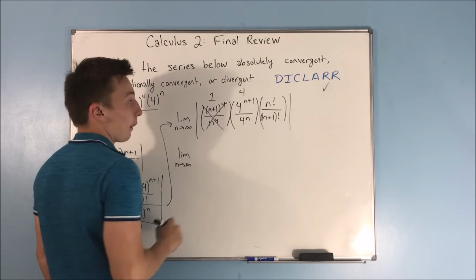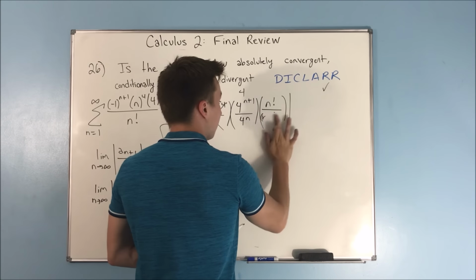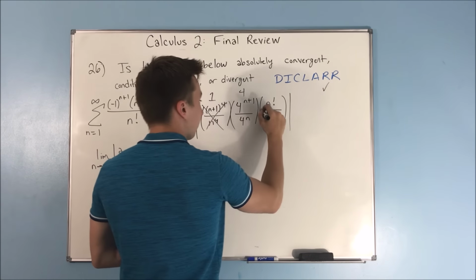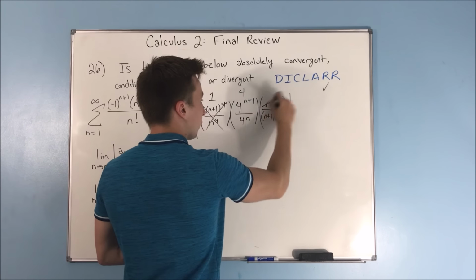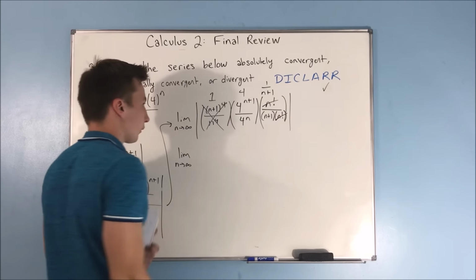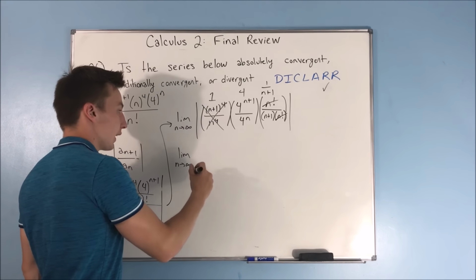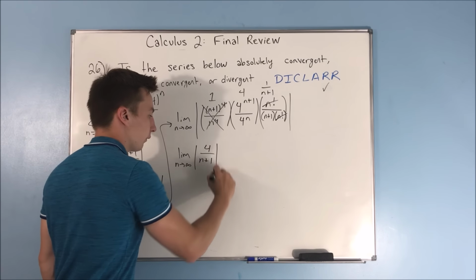And for this n factorial over (n plus 1) factorial, remember that (n plus 1) factorial is the same thing as (n plus 1) times n factorial, and the n factorials cancel out and you're left with 1 over n plus 1. So really you just have the limit as n approaches infinity of the absolute value of 4 over n plus 1.